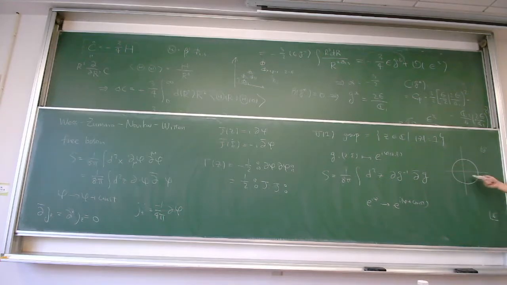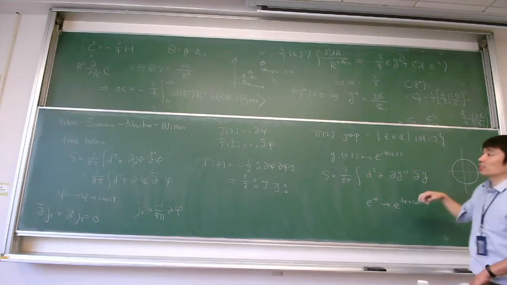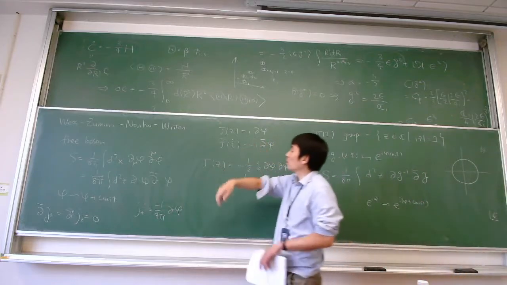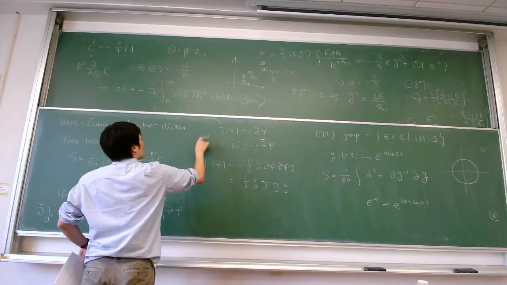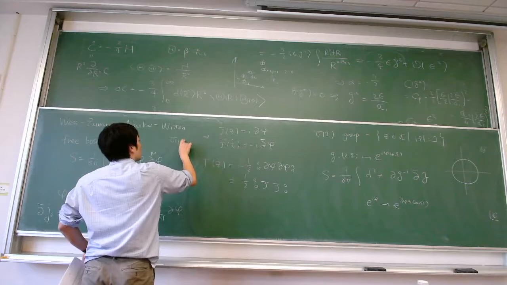And this shift by a constant is just a rotation, a rotational symmetry. And the Noether current associated with this rotation is this. So therefore, it's often called the U(1) current.